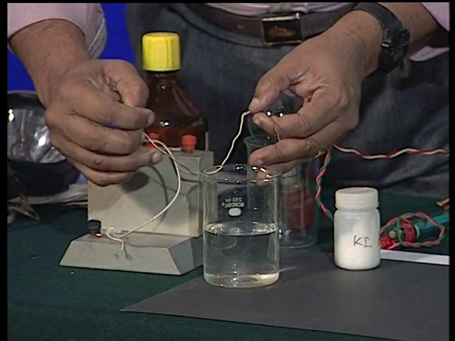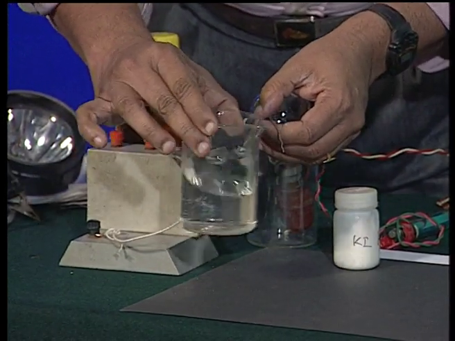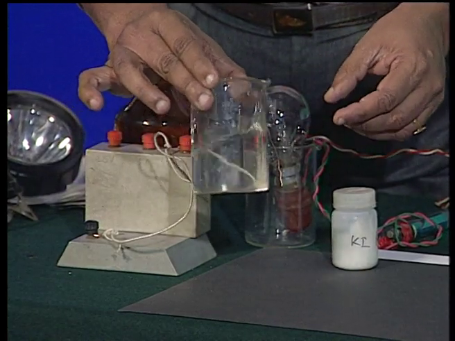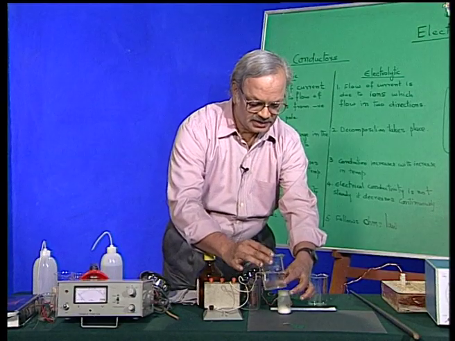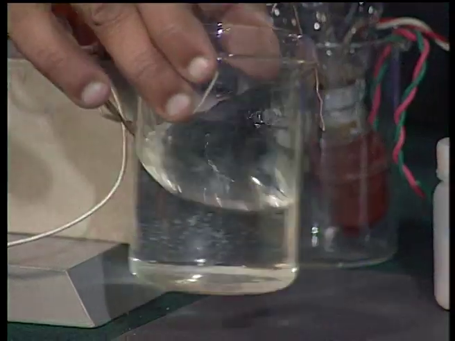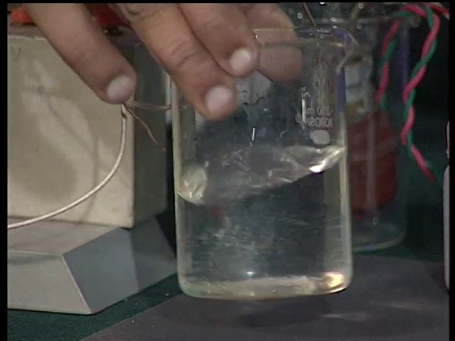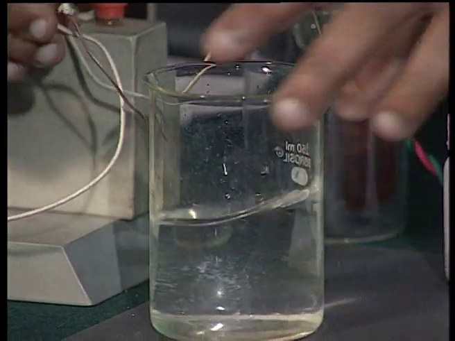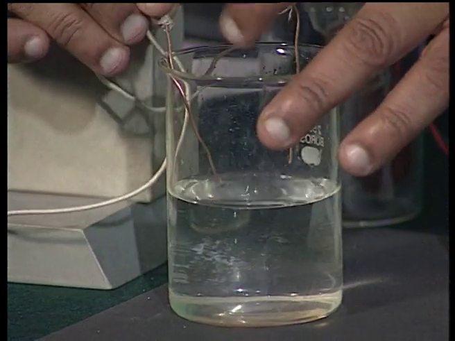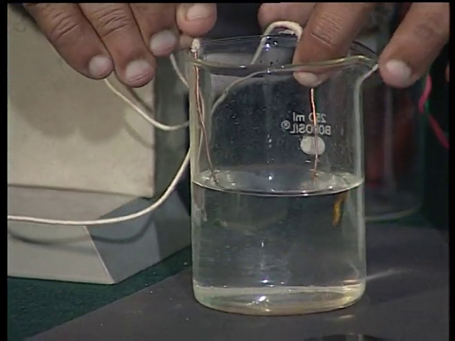I will try to dissolve it. Potassium iodide is highly soluble in water, and we have here the aqueous solution of potassium iodide in water. Now, I place the two terminals, the copper terminals here, and I want you to note the changes very carefully.